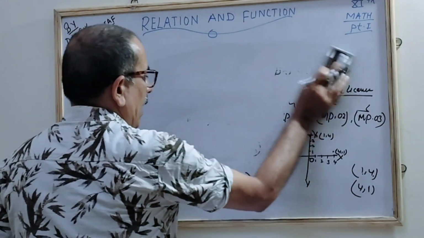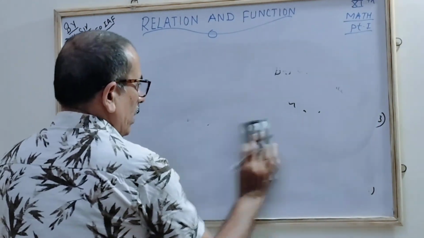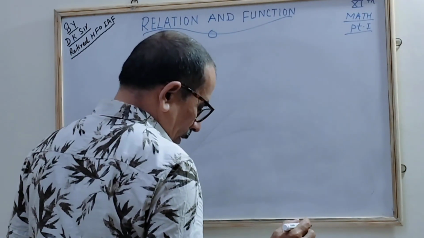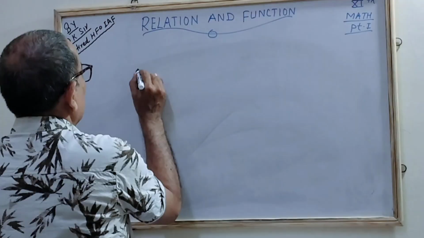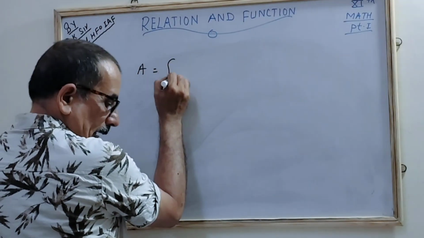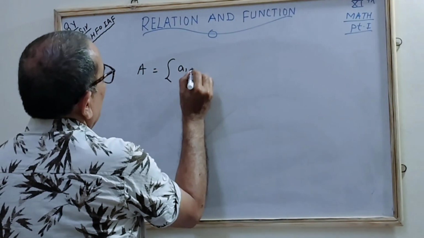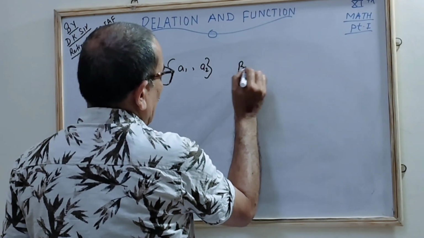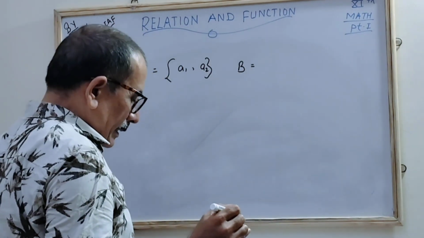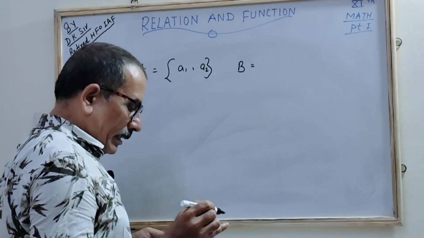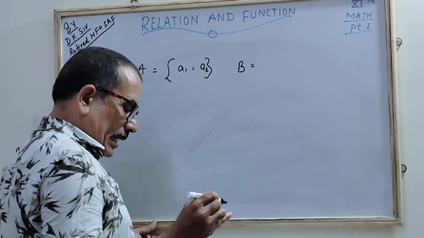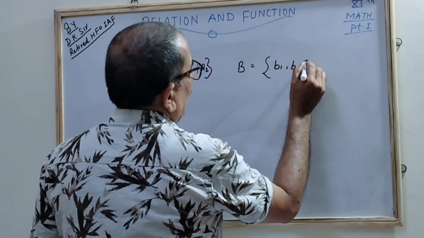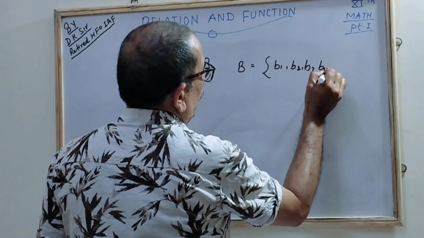Suppose A is given. It has the elements A1 and A2, and B is another set which has the elements B1, B2, B3 and B4, correct?